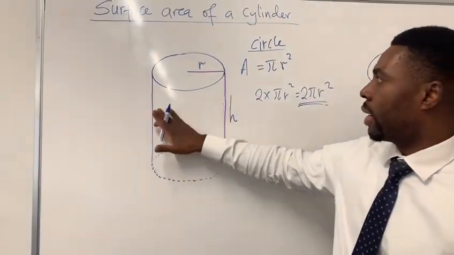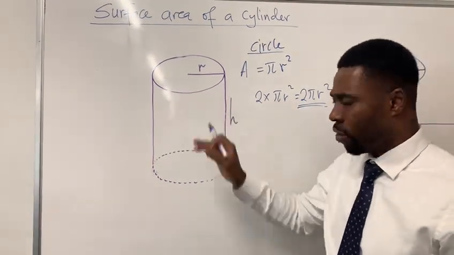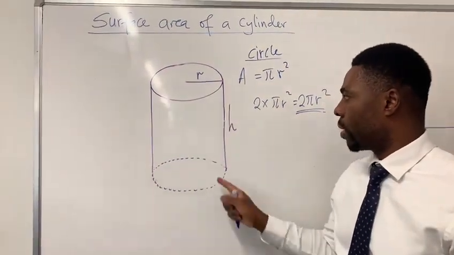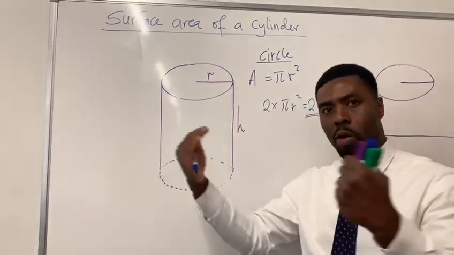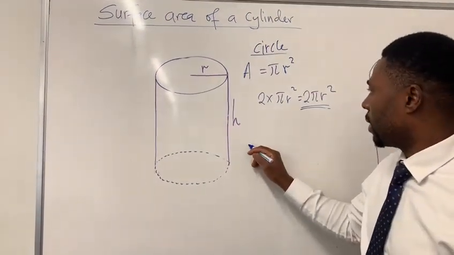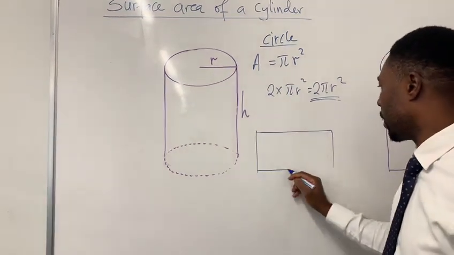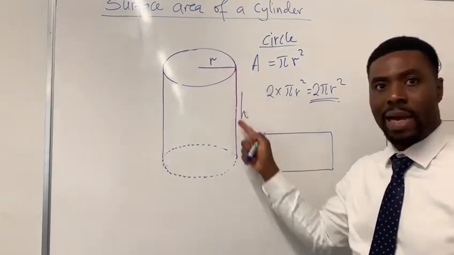We now need to find the area of the curved face of our cylinder. So imagine we remove the circle at the top and we remove the circle at the bottom, and we open this curved bit all out, we will get a rectangle. And the rectangle will look something like so. And with the rectangle, the width of the rectangle will be the same as the height of our cylinder.